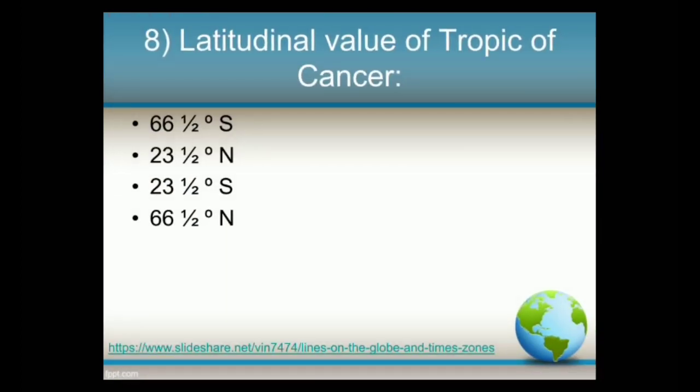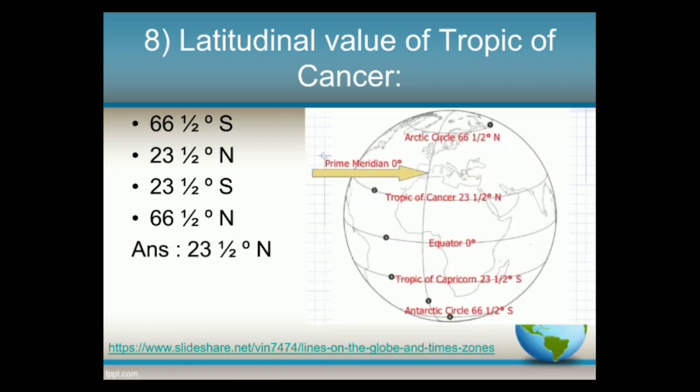Next question. Latitudinal value of Tropic of Cancer is, options are 66.5 degree south, 23.5 degree north, 23.5 degree south, 66.5 degree north. And the answer is 23.5 degree north. Here in this image you can see the important parallels of latitude.